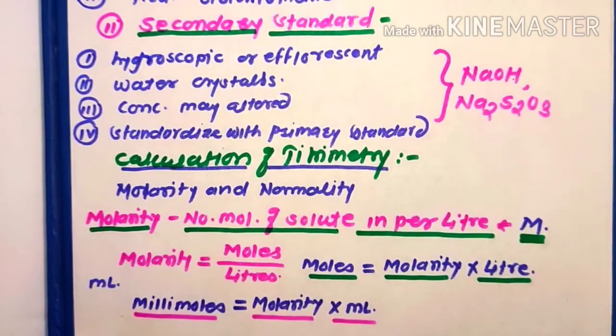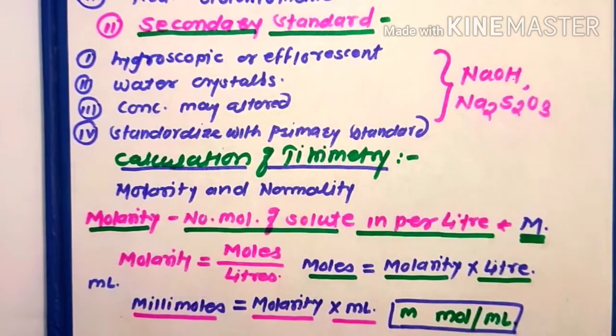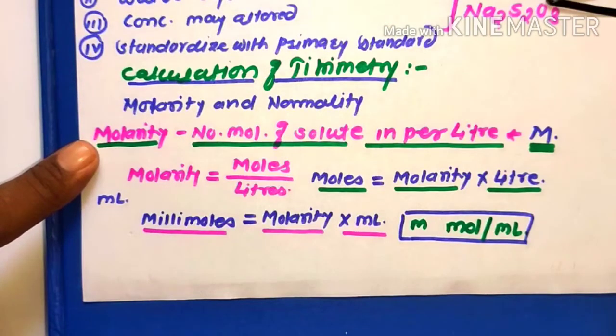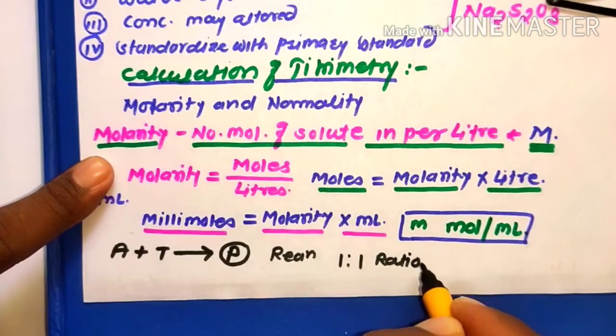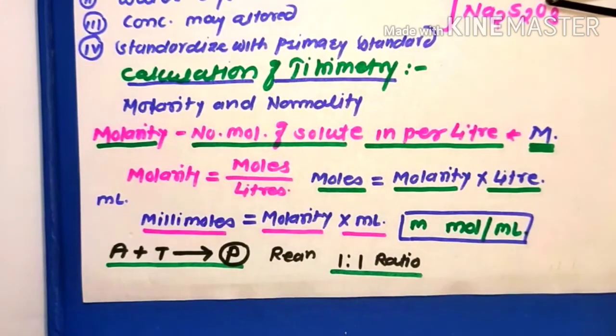For the relatively small quantities encountered in titration, where mL are used, millimoles is equal to molarity into milliliters, whereas the molarity is always expressed in millimoles per mL.